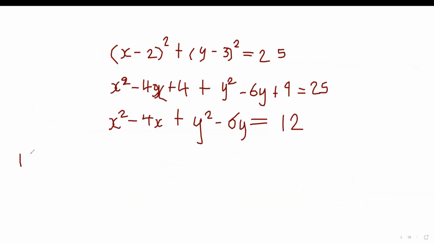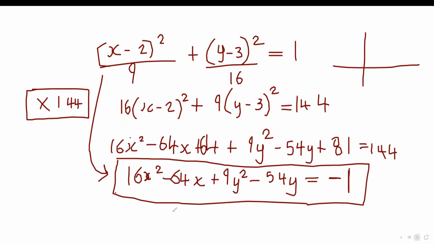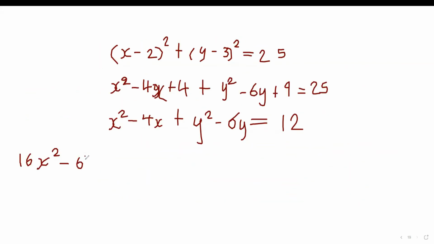This is one way you can tell them, see your 16x squared minus your 64x plus your 9y squared minus 54y, which was equal to negative 1.